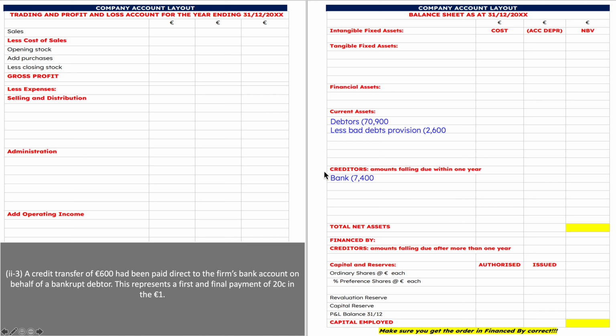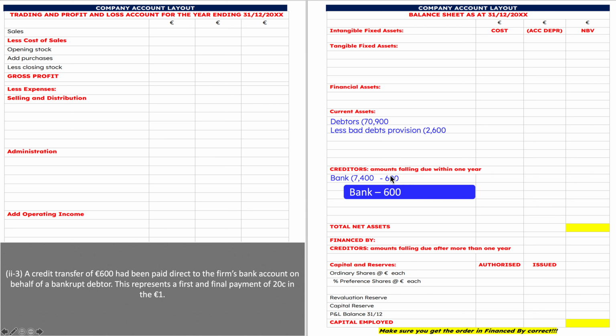So the bank account amount was 7,400 on the credit side, which means it is a bank overdraft, so it's under creditors amounts falling due within 1 year. Credit transfer of 600 come into the bank, so that will reduce the overdraft by €600.